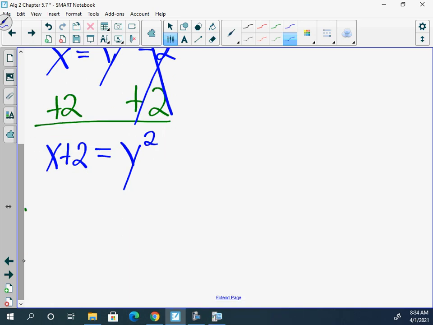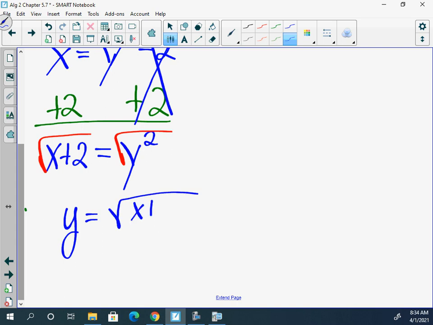And now, we would square root, which would tell us that our square root of x plus 2 would equal y. Yes.